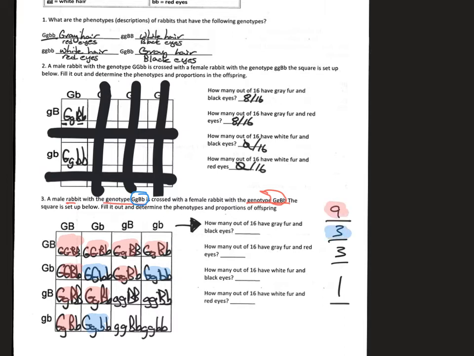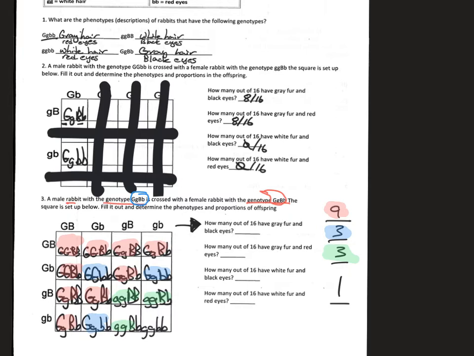Then the next one is how many have white fur and black eyes. That would mean little g for white fur, and a big B for black eyes, because black is dominant and the white fur is recessive. So that's 1, 2, and 3, and you see there's your second 3.